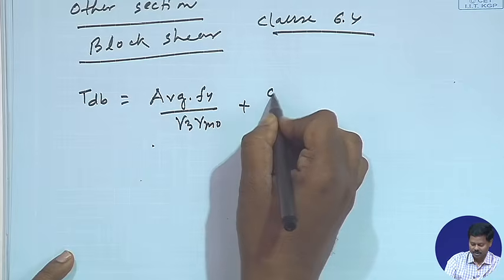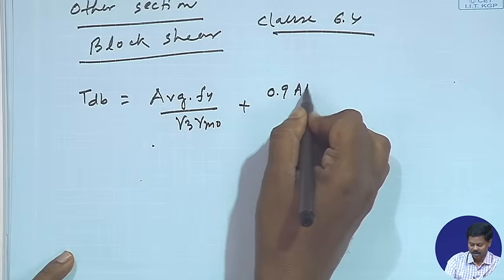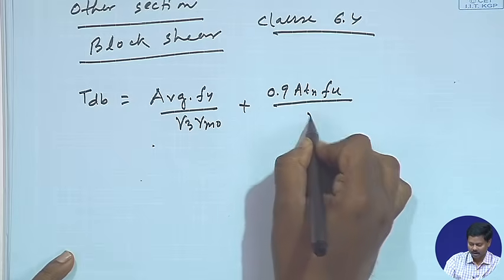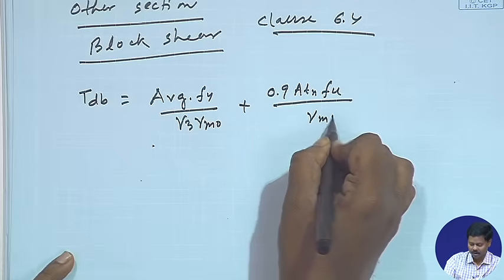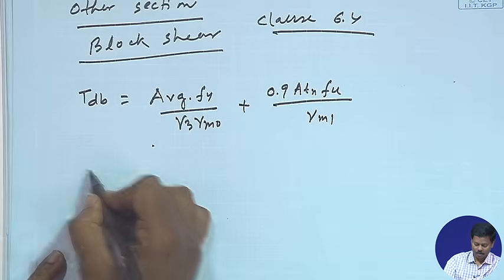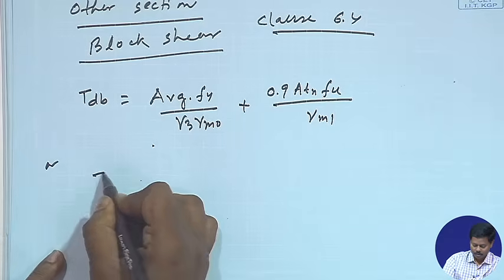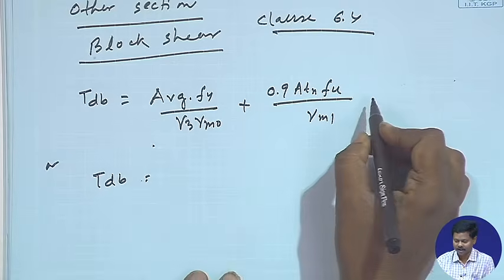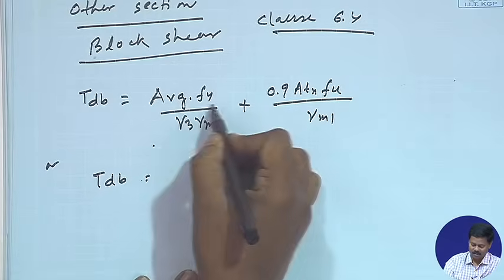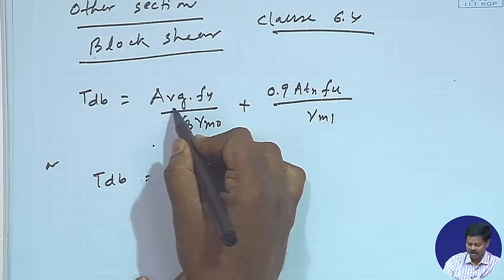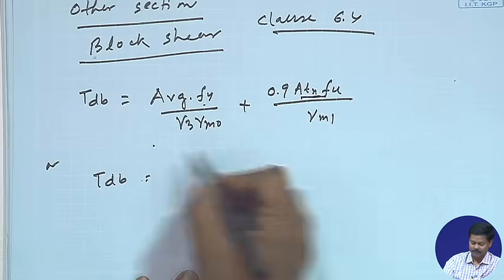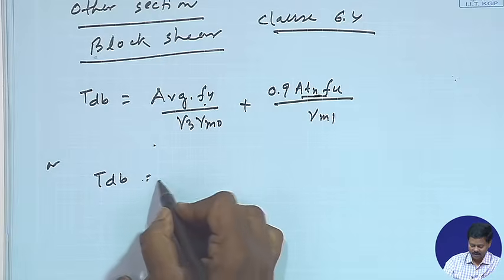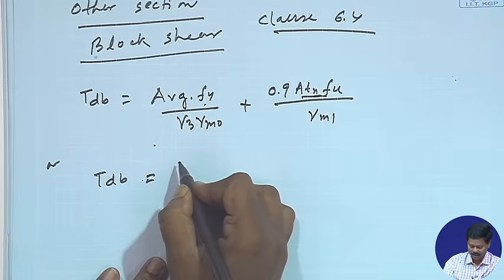plus 0.9 ATN into FU by gamma m1. This is because of tension fracture and shear yield. Due to shear yield and tension fracture, the block shear can be calculated, or tension yield and shear fracture also we can calculate.